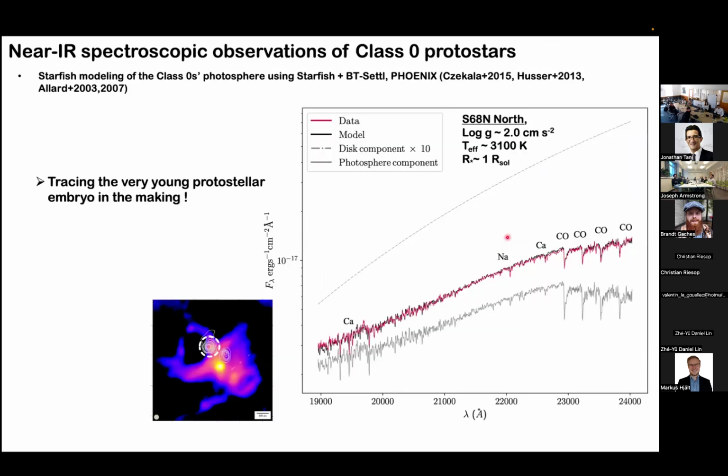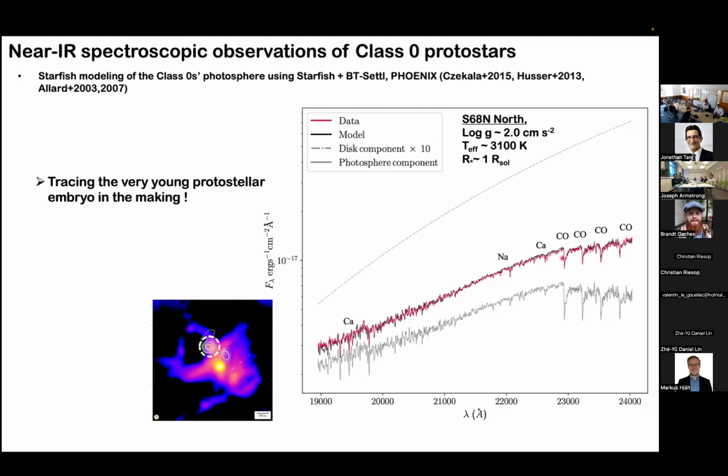And the last thing is about the photosphere in the northern source. As I said, we can observe photosphere absorption features, and because we look at Class 0, we may also look at the youngest star forming object ever probed.